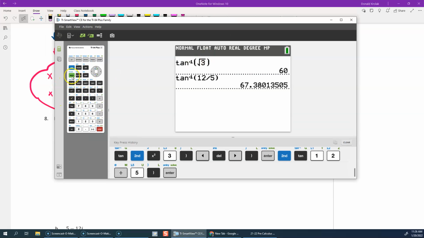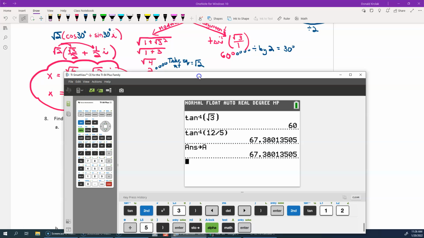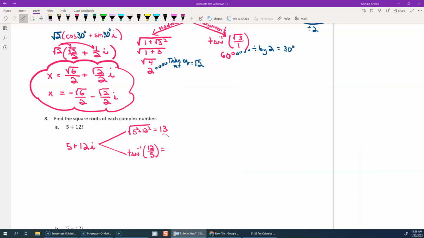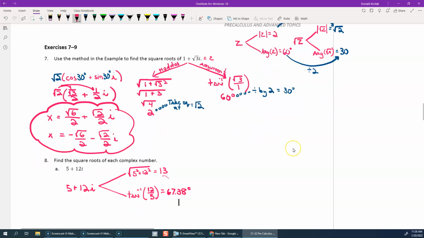So I'm going to store that. I'm going to go store alpha A. It just puts it in a drawer called A. All right. So 67.38 roughly. All right.